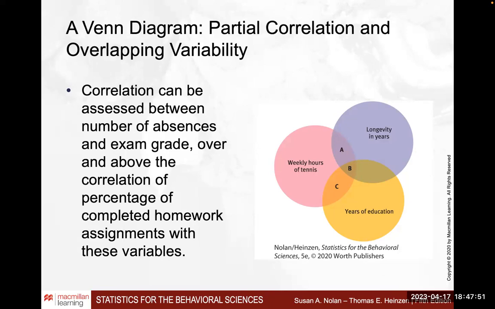So if you have weekly hours of tennis, you likely have a higher number of years of longevity. If you have weekly hours of tennis, you're more likely to be playing tennis when you have more years of education, not impossible. If you have many years of education, you're also more likely to have more longevity in years.